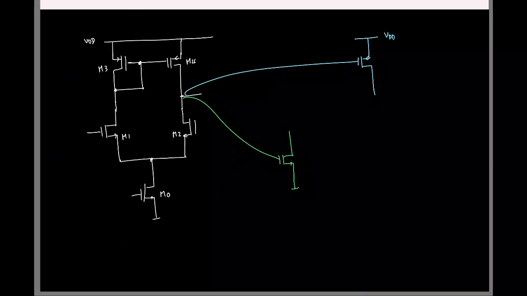So nominally, what do you think the DC voltage at this point will be? No, the DC operating point. If both the inputs are the same, we looked at it, right? So let's say this is carrying a current I0.